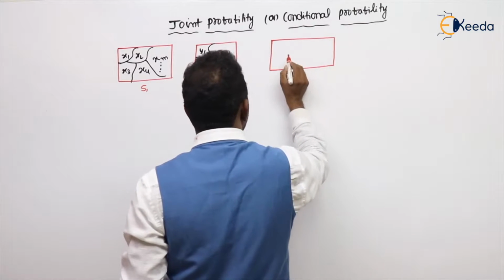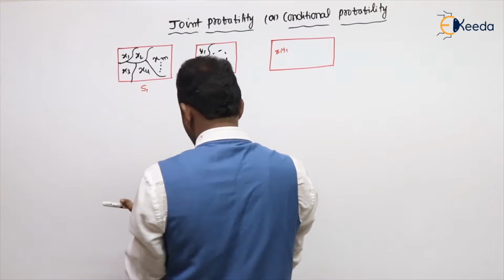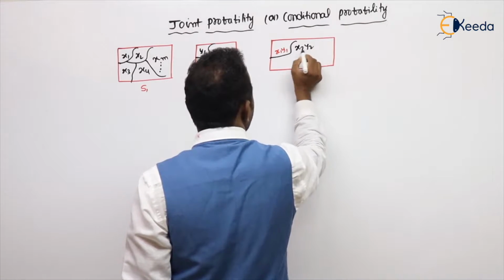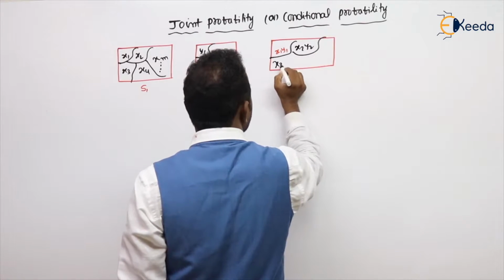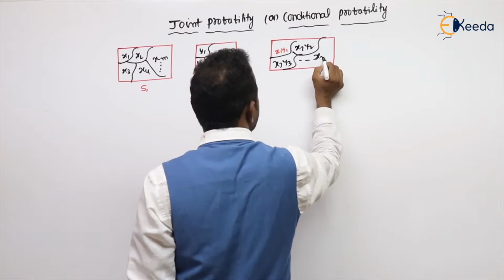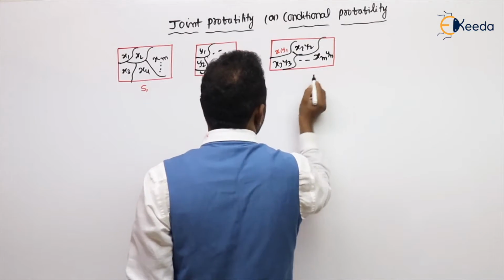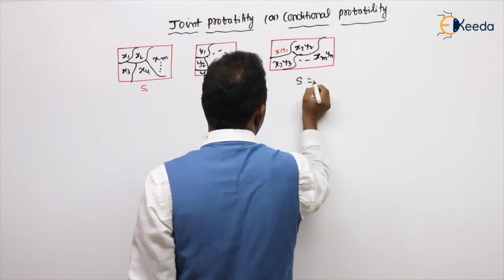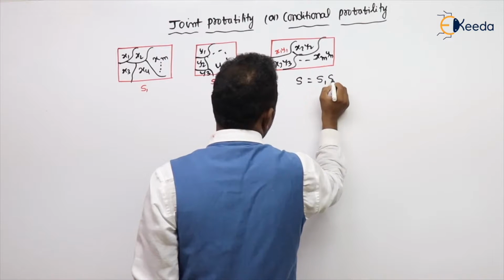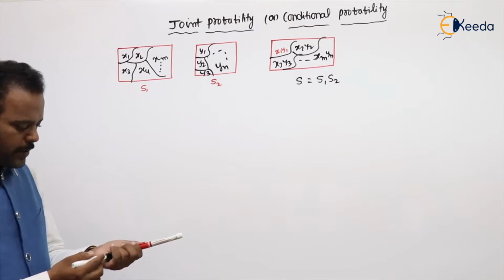Combined or joint probability means x1 y1, x2 y2, x3 y3, and so on, up to xm yn. Are you getting my point or not? So this is the joint probability, where S is nothing but S1 into S2.